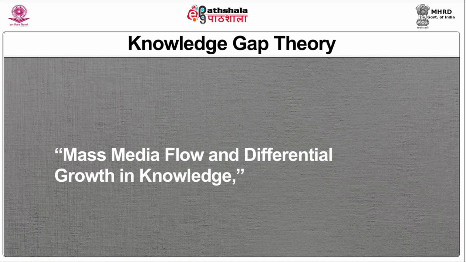The formal development of this theory was marked by the study titled Mass Media Flow and Differential Growth in Knowledge, conducted by Philip Tichenor, George Donohue and Clarice Olien at the University of Minnesota.